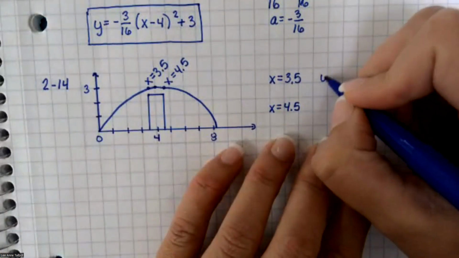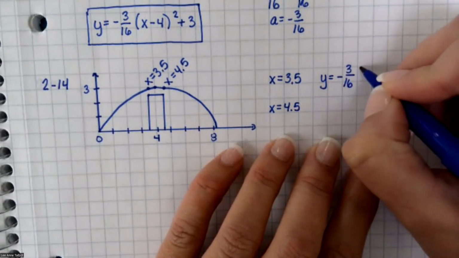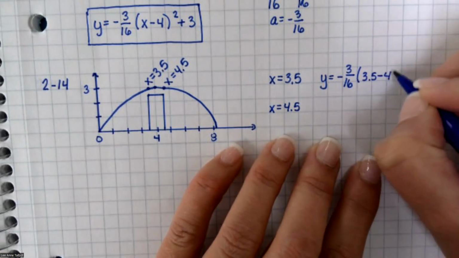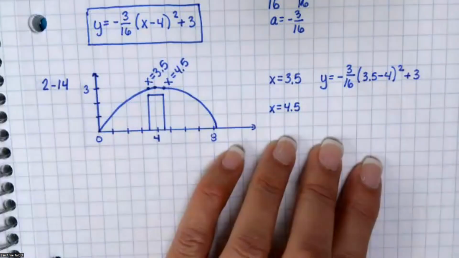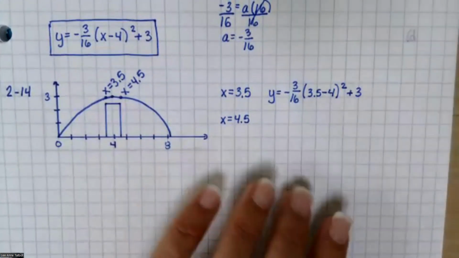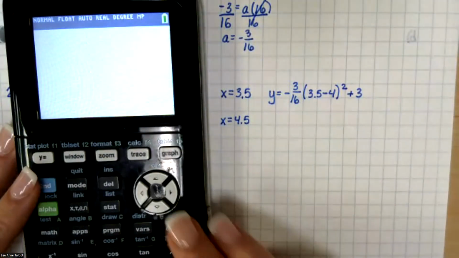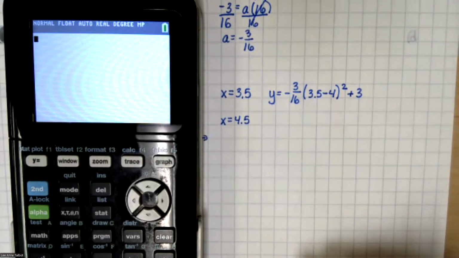Okay. Y equals negative 3/16, 3.5 minus 4 squared plus 3. Okay, let's practice typing this in. Make yourself do it. It's good practice for you.